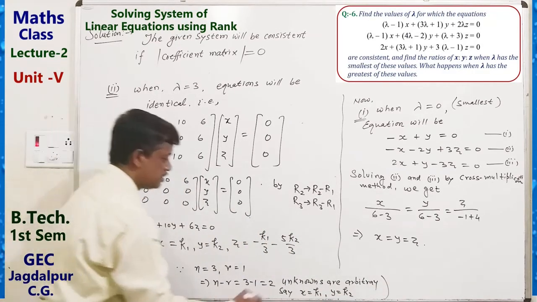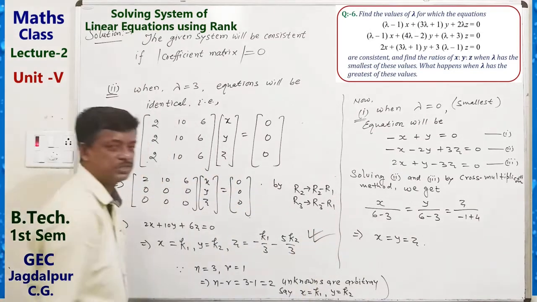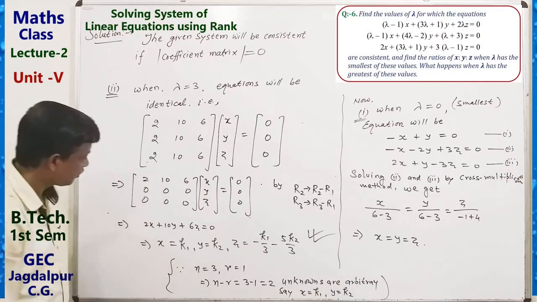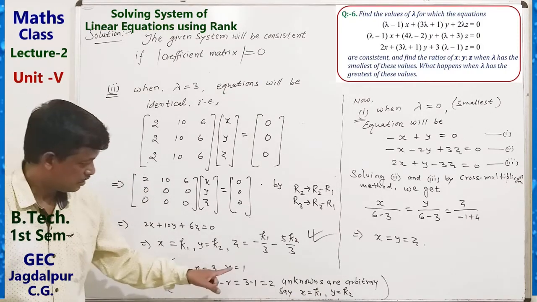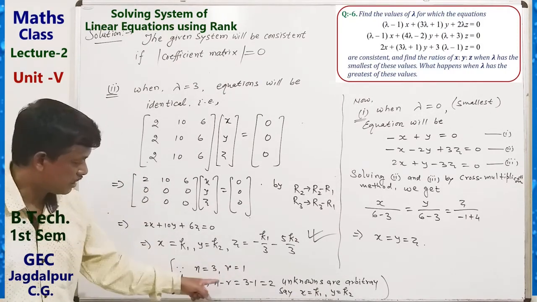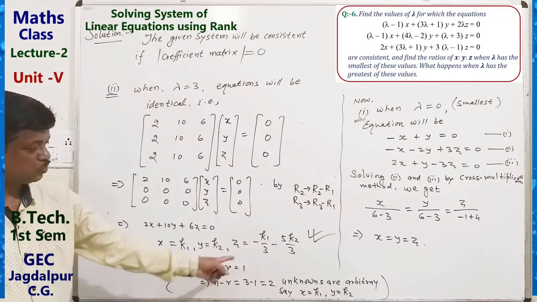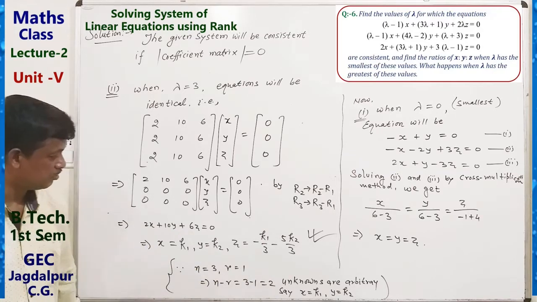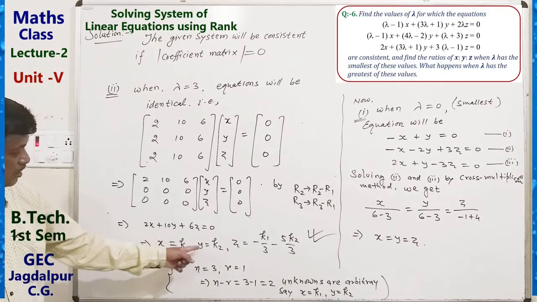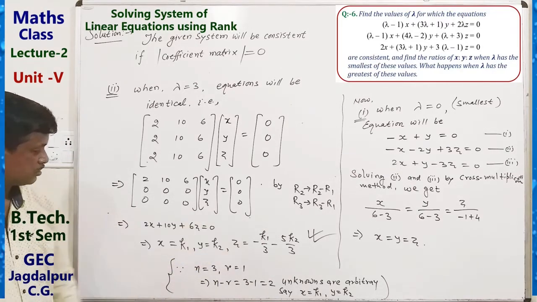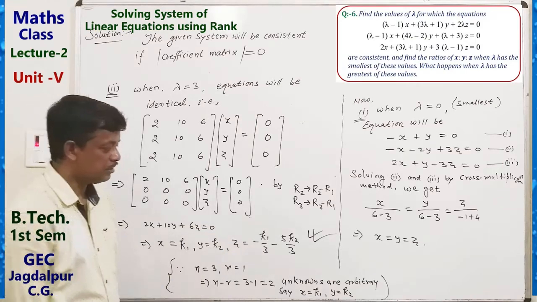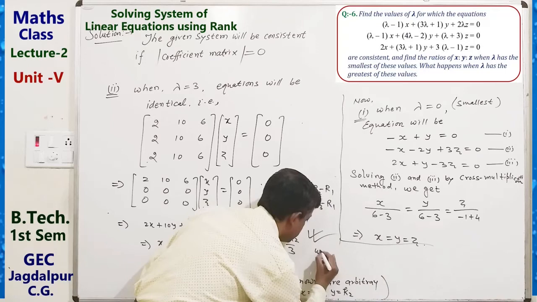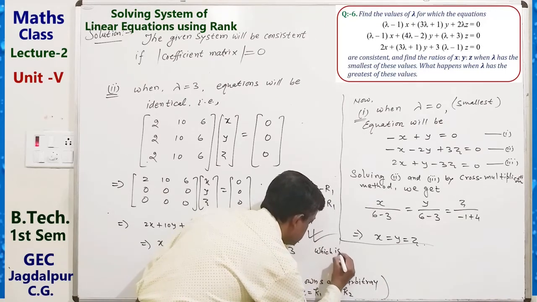Okay, so this is the solution. Rank is 1, so n minus r is 3 minus 1, 2. Two unknowns are arbitrary. So say x equals k1, y equals k2. You can put here, so z equals this. So this is the solution.